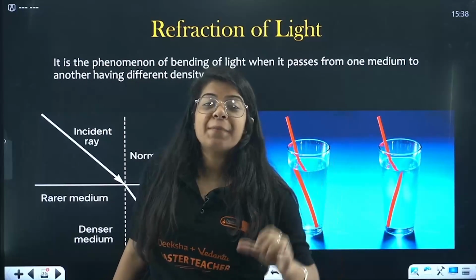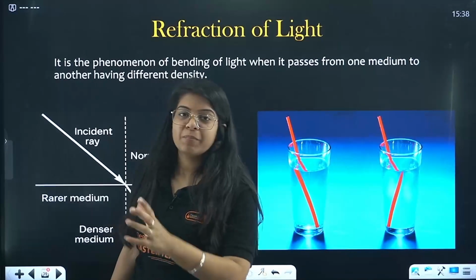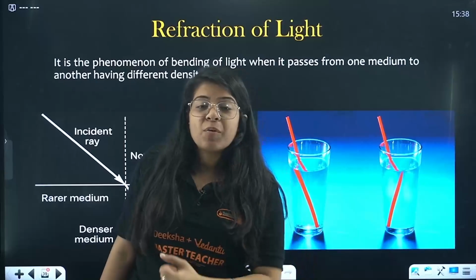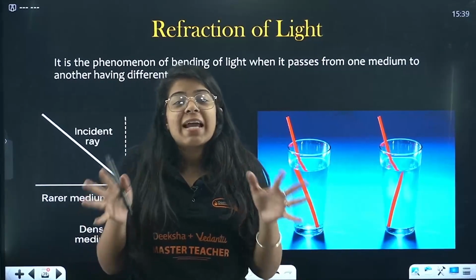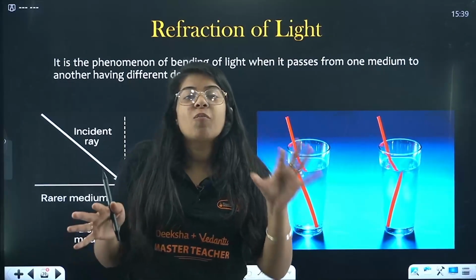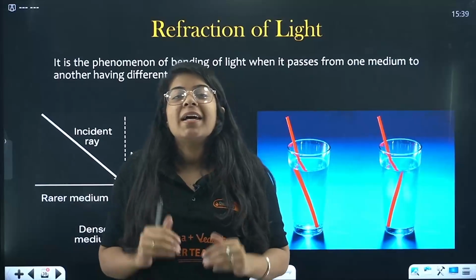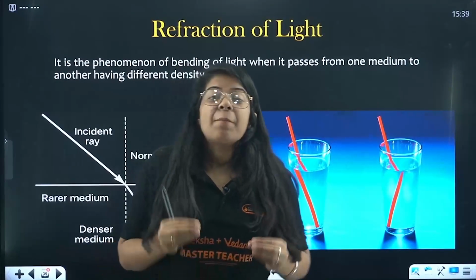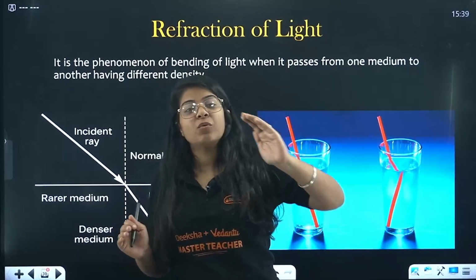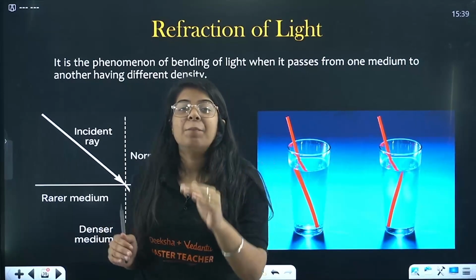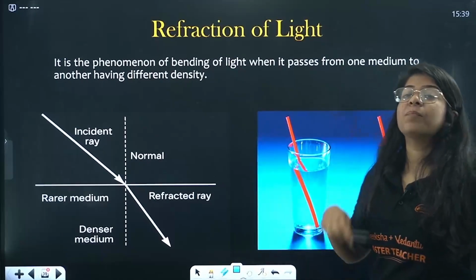Whenever light travels from glass to water, glass has a different medium, water has a different medium, air has different properties, oil has different properties. So whenever light switches between mediums, from oil to water, from glass to water, from water to air, from glass to air, refraction happens. That means bending of light. Whenever it goes from water to air, it bends. We'll study about that, but let's see what basic refraction is.